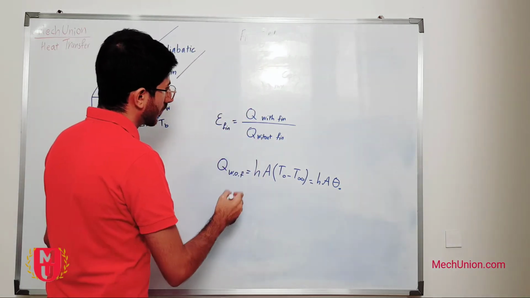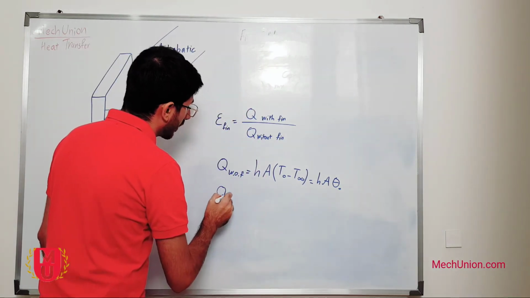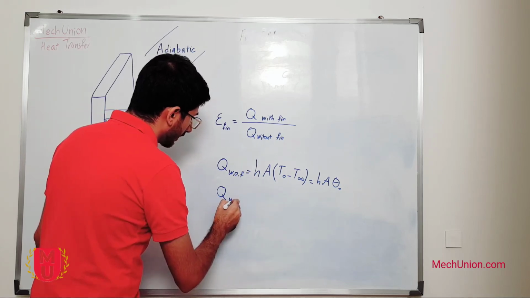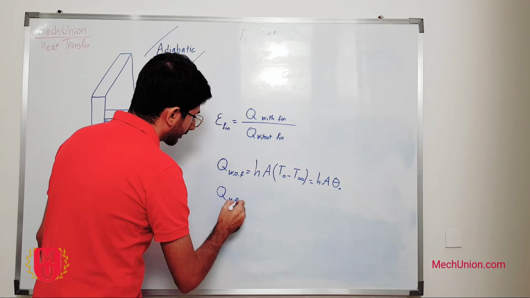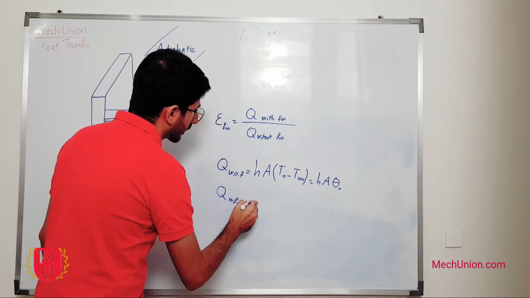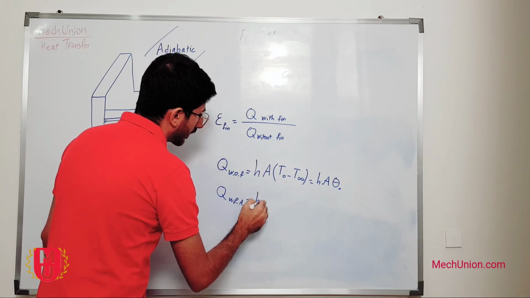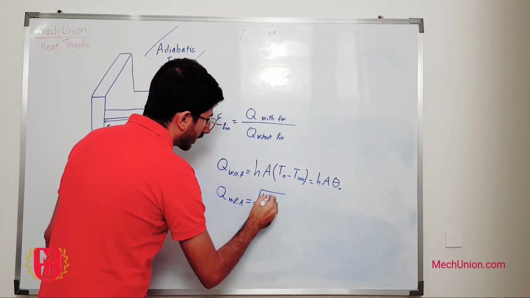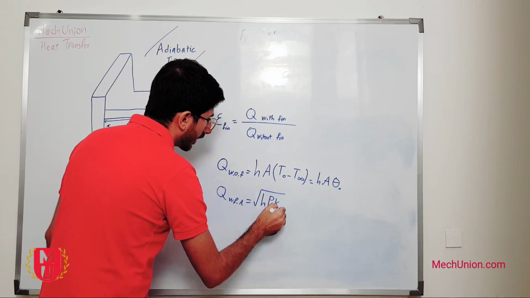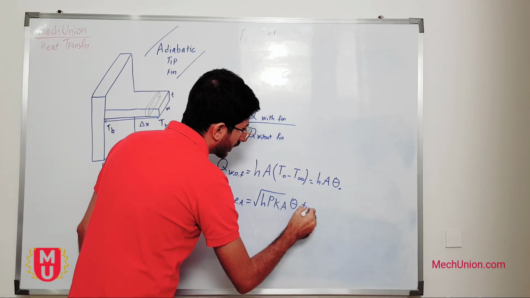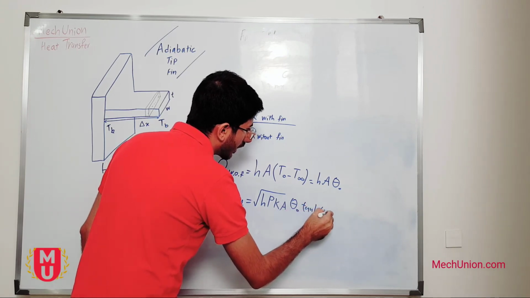And for with fin, for the adiabatic fin tip, we had square root of hP Ka theta naught hyperbolic tangent of mL.